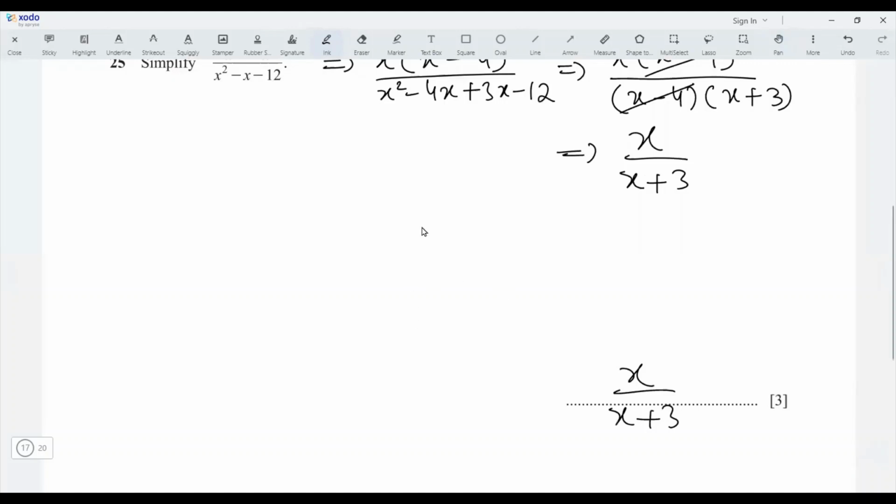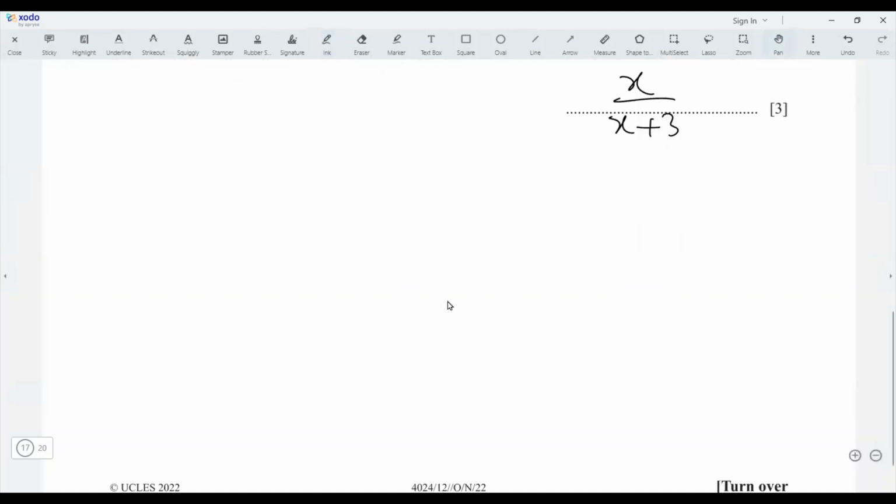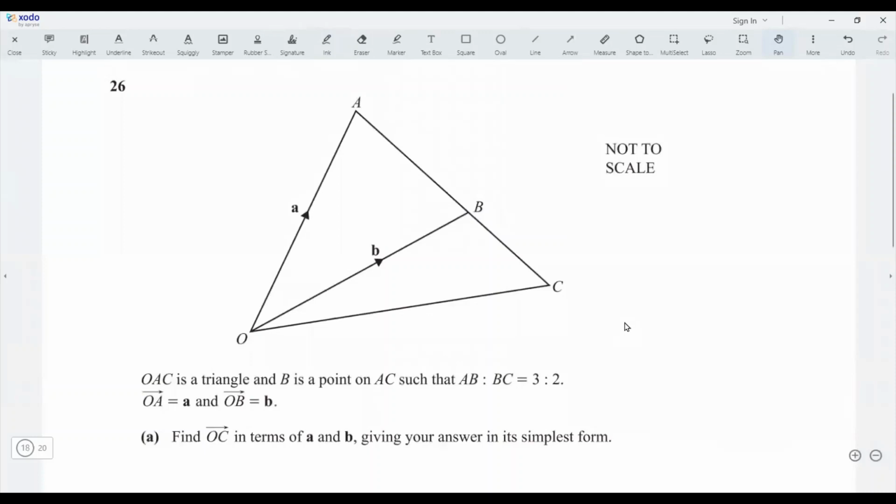So moving ahead. So this is a vector question. So how to solve this? This is basically the very last type of question. We have to represent OC in terms of AB. So read the question completely. OA is given as small a and OB is given as small b, and the ratio AB to BC is 3:2.